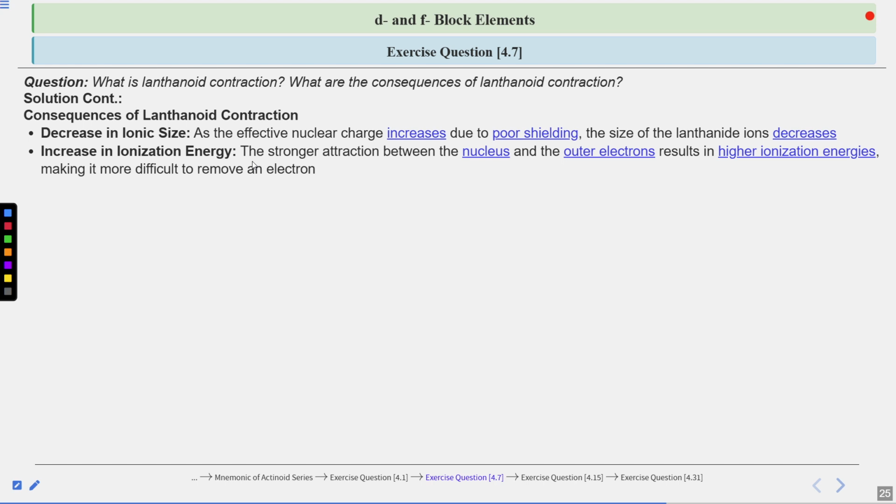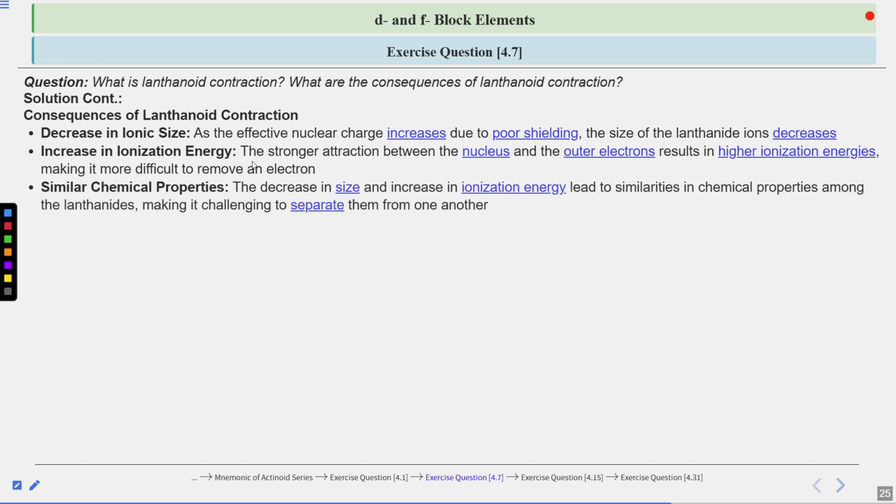So there is also an increase in ionization energy due to the lanthanoid contraction. Ionization energy means the energy you have to provide to remove an electron from the element. But if the nucleus and the outer electrons are strongly held together due to the poor shielding provided by the f orbital, it results in the higher ionization energy that you have to provide to remove an electron.